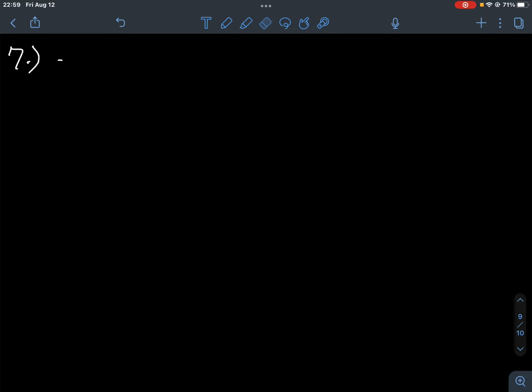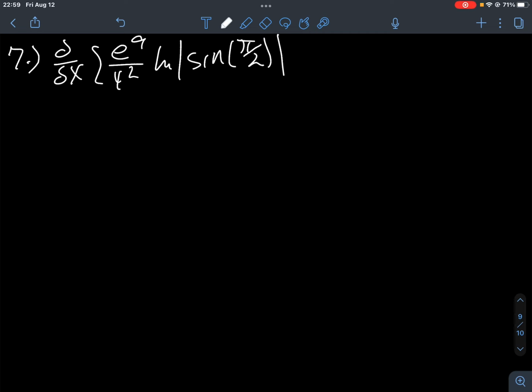Say we're asked to find the derivative of e to the 9th over 4 squared of ln of the absolute value of sine of pi halves cubed multiplied by x. That looks a little bit complicated, but let's realize that all of this is just a constant.